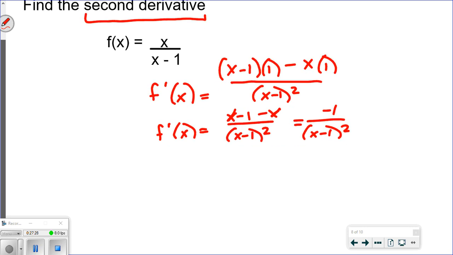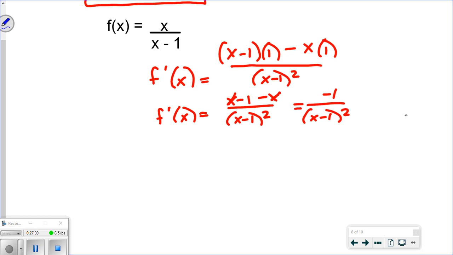If we go to do the second derivative, though, we don't know how to find the derivative of this yet. We're going to have to wait for a little bit to find the derivative of that. So I'm going to multiply that out, and I know that that will be negative 1 over x squared minus 2x plus 1. So I'm going to need that in order to do the second derivative.